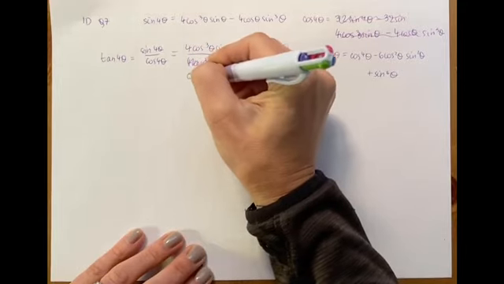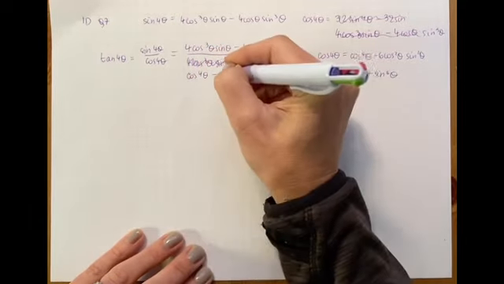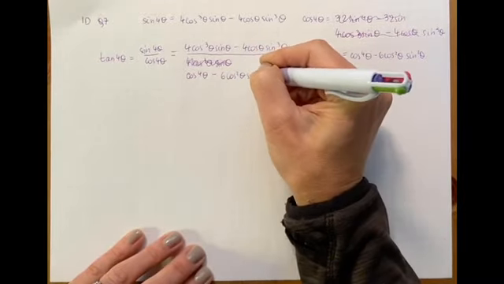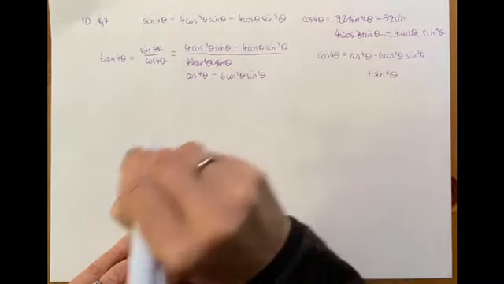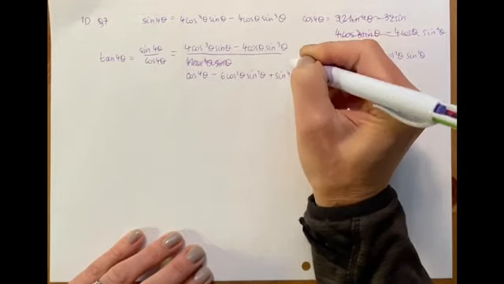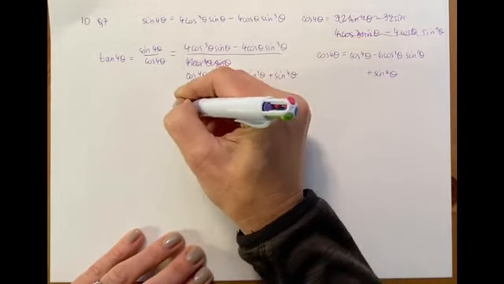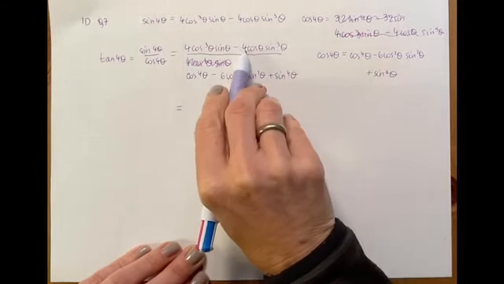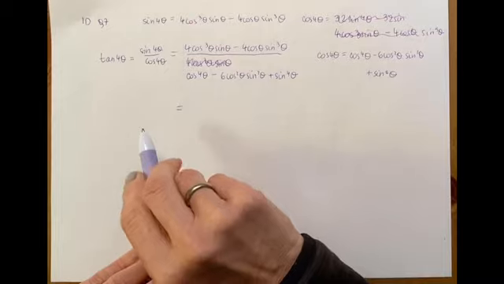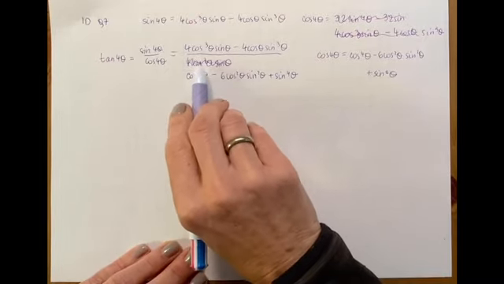Cos to the power 4 theta minus 6 cos squared theta sine squared theta plus sine to the power 4 theta. Right, so the trick here is to have it written in terms of tan. Look at what you are aiming for.